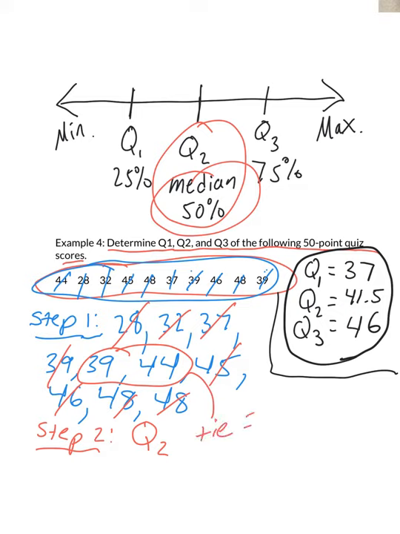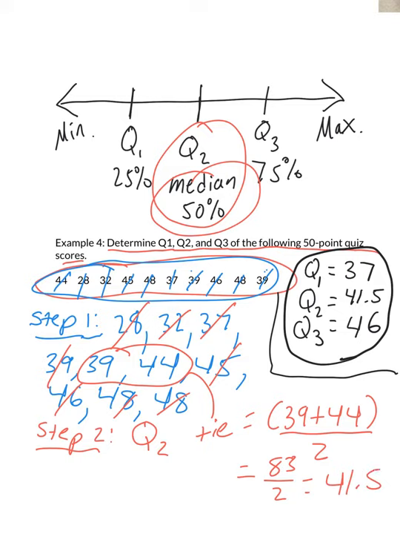So to do a tiebreaker, we do the mean average. So I'm going to do 39 plus 44, and then I'll divide by 2. 39 plus 44 gives me 83. Divide 83 by 2, and I get 41.5.